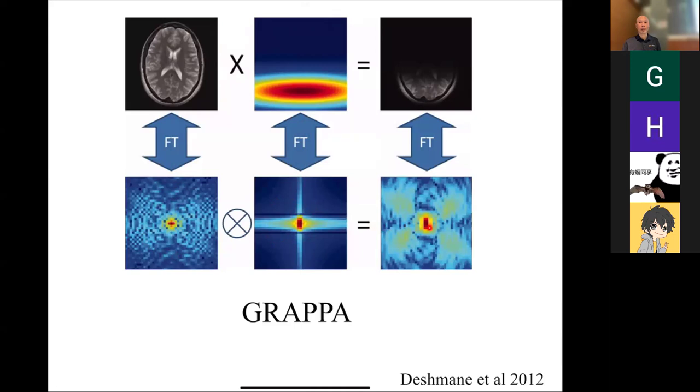Each coil doesn't actually see the object; it sees a modified version of the object. Therefore, each coil's Fourier transform data is the Fourier transform data I care about, blurred out. So it's a blurred version of the ideal Fourier transform.